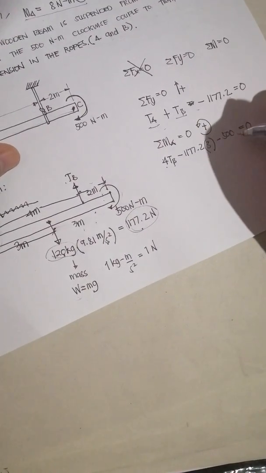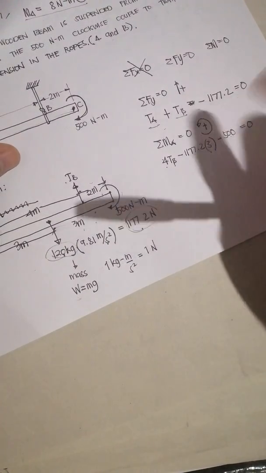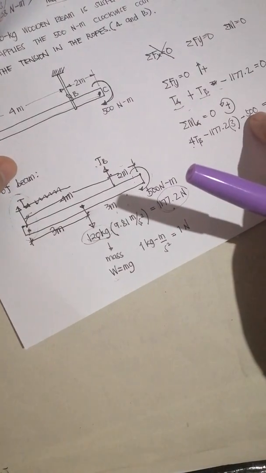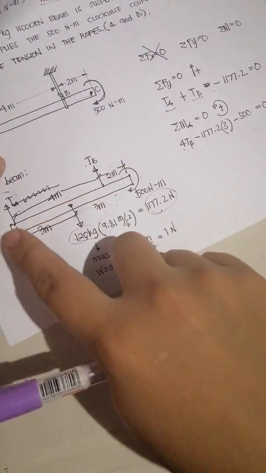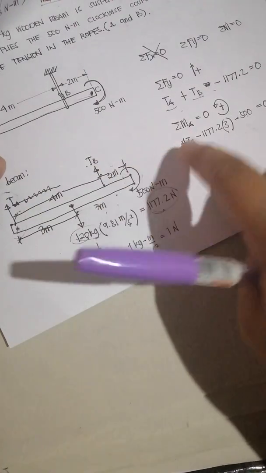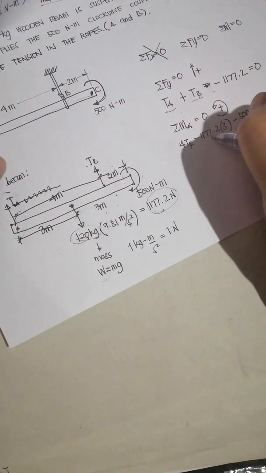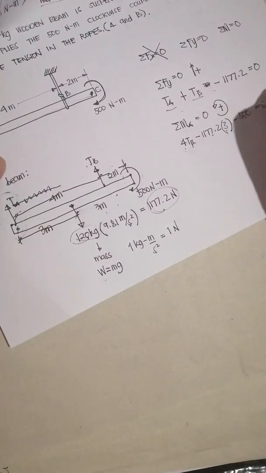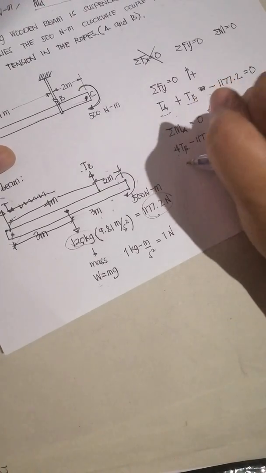You do not have to multiply the couple by a distance because it is already a moment value. We only multiply distance for forces. So we have force times distance, force times distance, but this one is already a couple or a moment, so you don't have to multiply by distance.